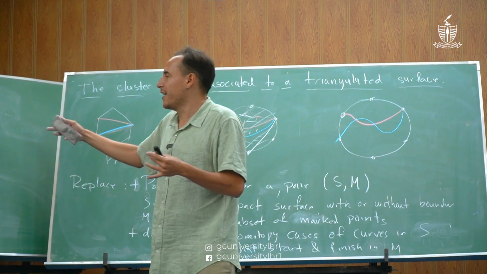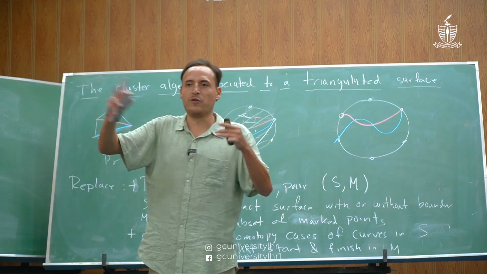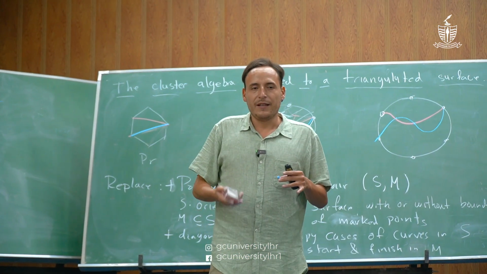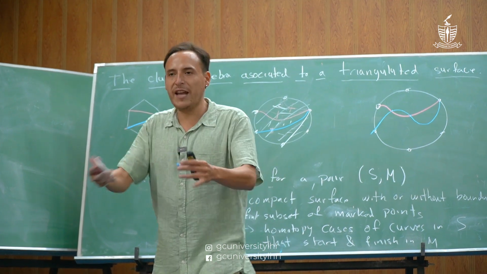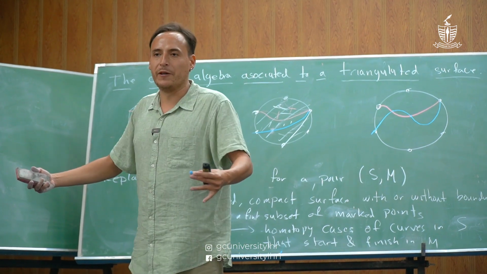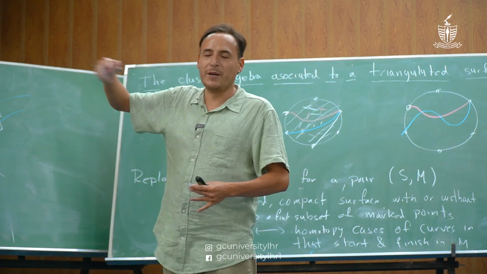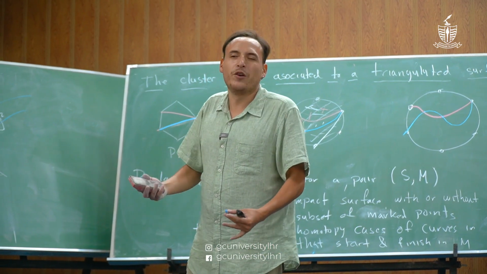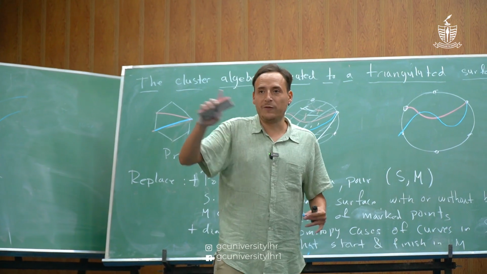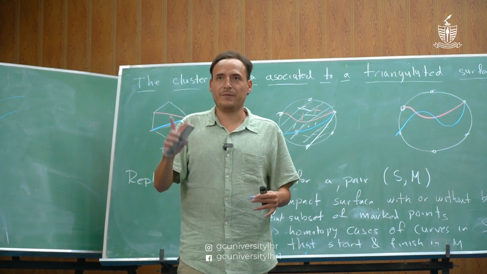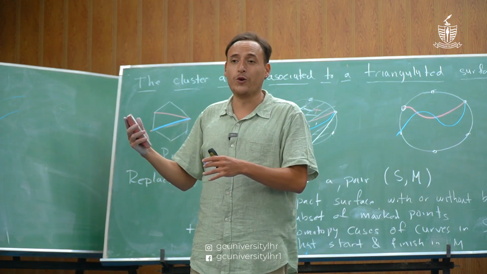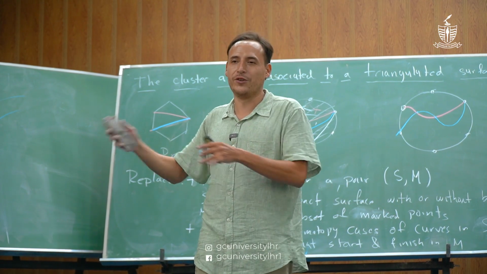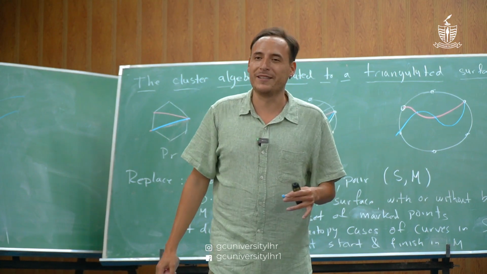So I would consider finite quivers if I'm replacing arcs by vertices. And so what's the aim? Is to construct a quiver, to have a surface, divide it into triangles, and construct a quiver. Okay? That's kind of the aim. It's going to be really a good aim because actually we're going to classify all quivers of finite mutation type using this procedure. So believe me, it really makes sense to follow this.